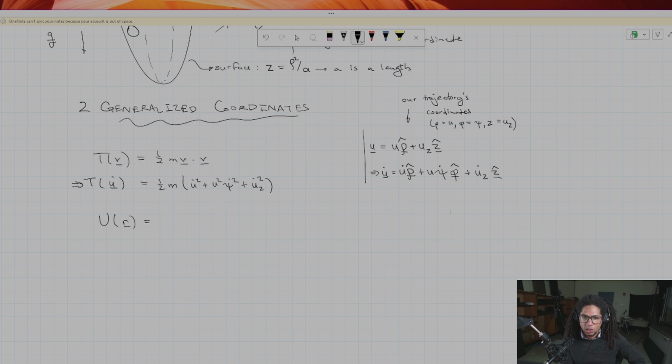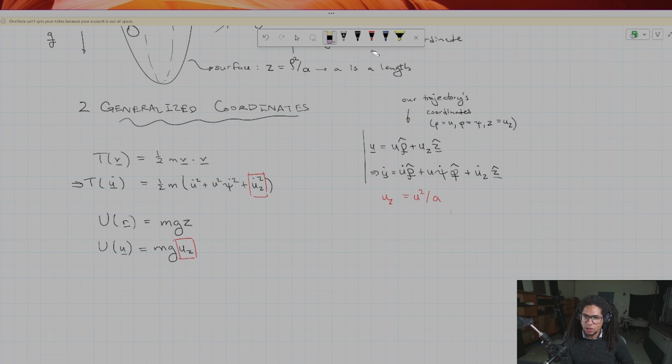Okay, so in any case, for U of r, we can do kind of the same strategy. That's mgz. Fine. So what's U of the u vector? Well, it's mguz. But in both of these cases, I want to take this uz and get rid of it, because I know what uz is in terms of my other coordinates. uz is equal to u squared over a. Good.